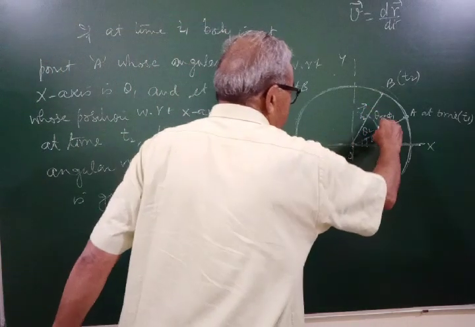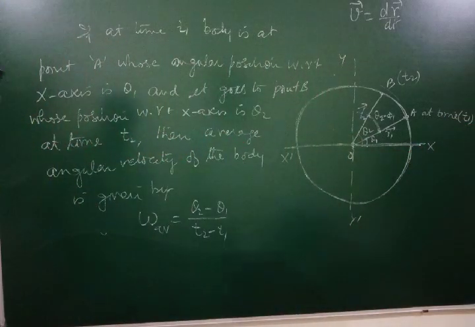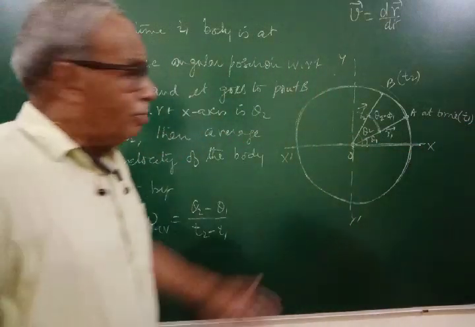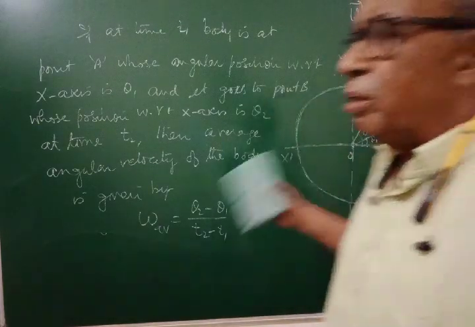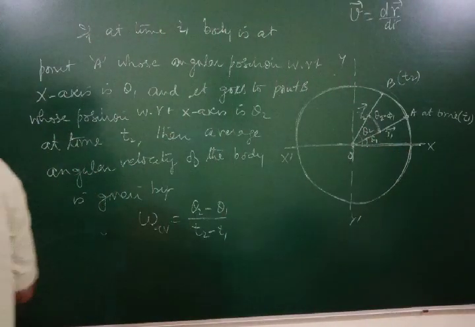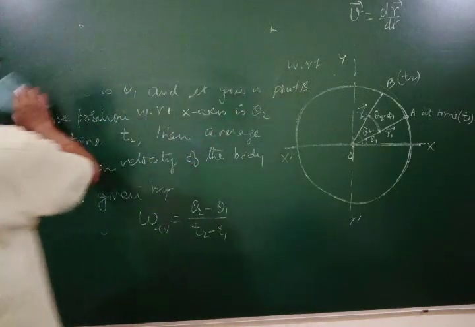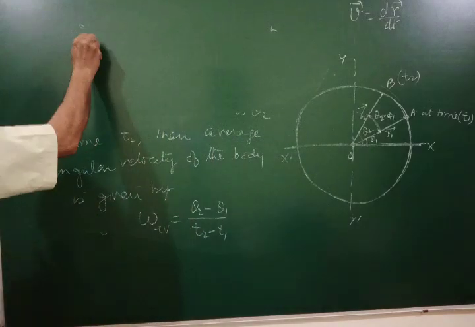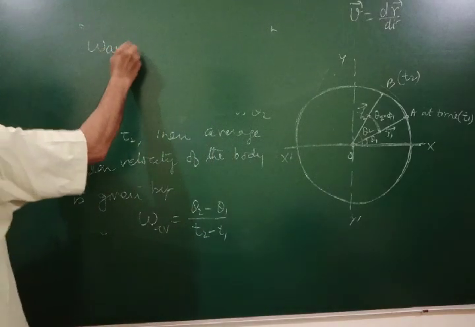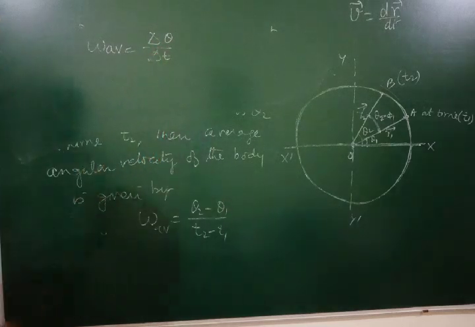This is the change in angular position in the time interval t2 minus t1. Why is it average? It may happen that the body is moving with different speeds, so it is average. Or we write it as omega average is equal to delta theta upon delta t.